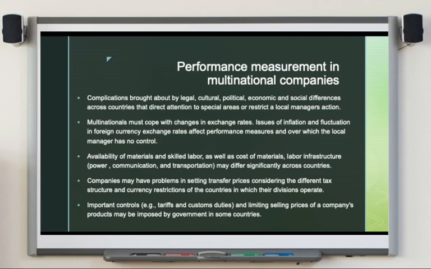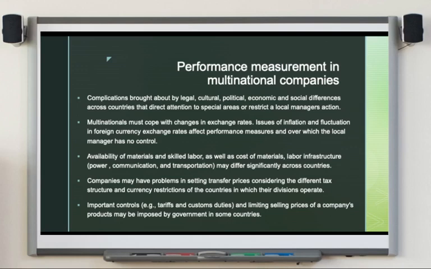Another reason is that availability of materials and skilled labor, as well as cost of materials, labor, and infrastructure, may differ significantly across countries. So, say for example, you are being evaluated based on the cost of your manufacturing or cost of production.